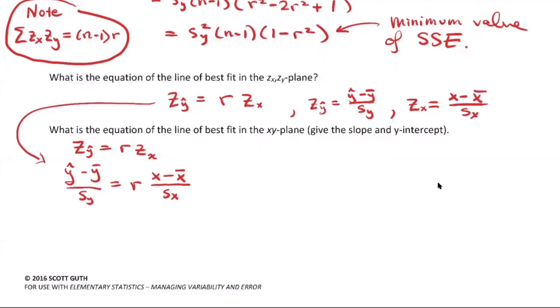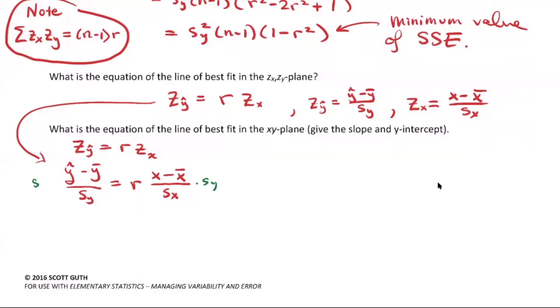I'm sorry, I have to stop making mistakes. And then I am going to multiply both sides by sy to cancel that.